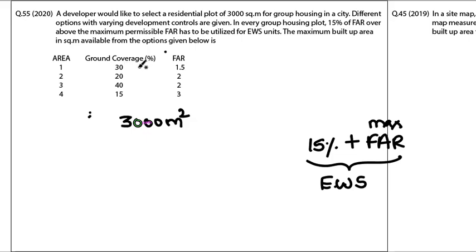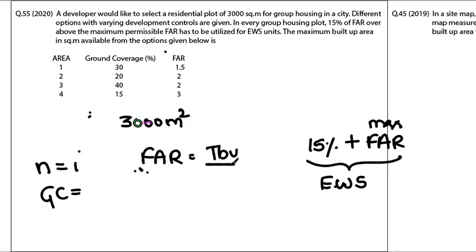In the first option, ground coverage is 30%, FAR is 1.5. See, now the number of floors they have not mentioned, so you need not take ground coverage into the equation. It's just to confuse you. FAR, you know, is total built up divided by site, so total built up is FAR into site.